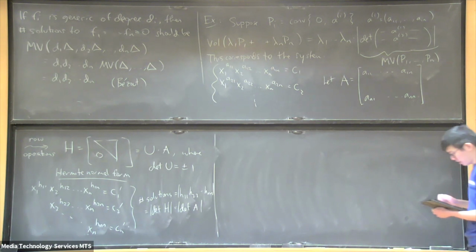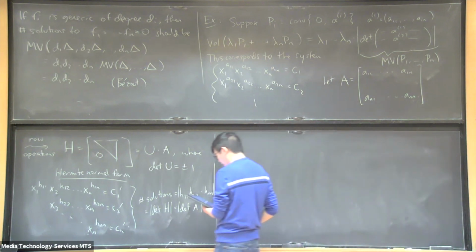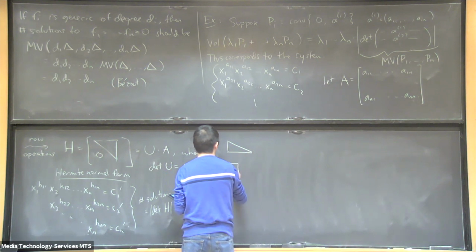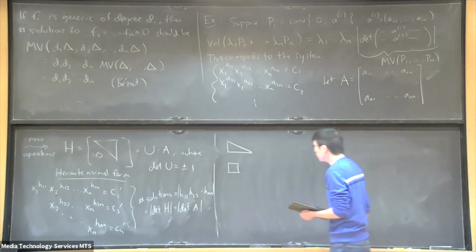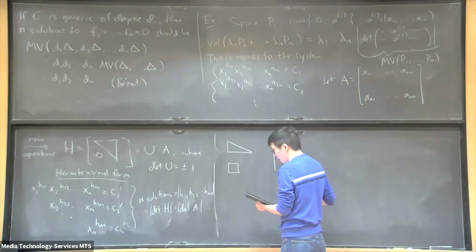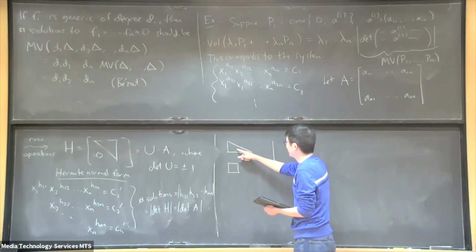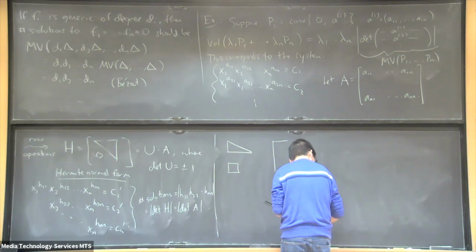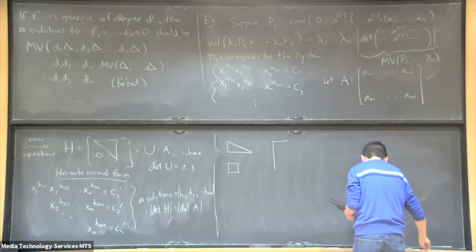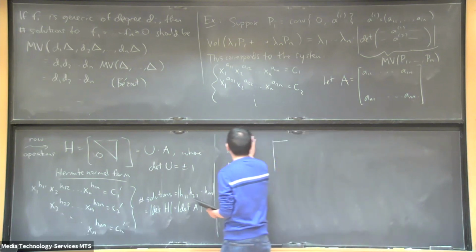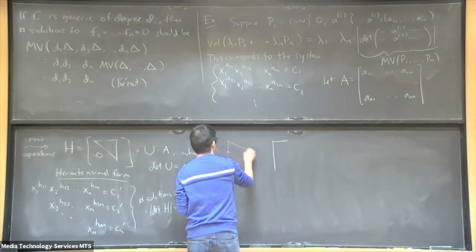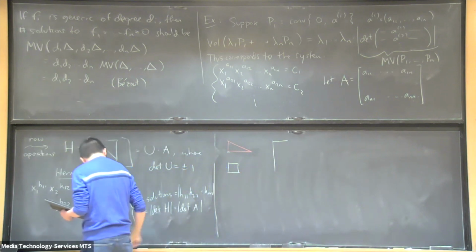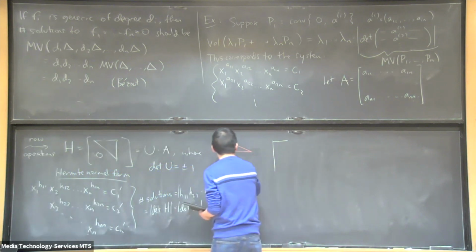So let me go back to this example that I had before. Remember, previously I did this example with this right triangle and this square. When I computed some linear combination of these things, I drew some picture which looked roughly like this. Maybe I'll color code it. Maybe I'll make this triangle red, and this square blue.